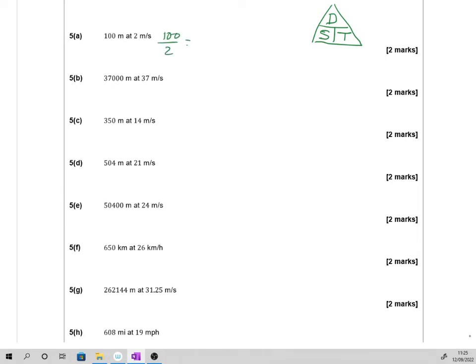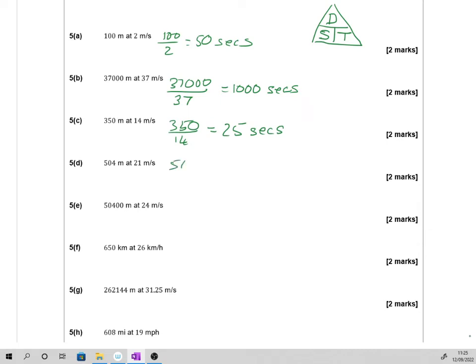So 100 divided by 2 is 50 seconds. 37000 divided by 37 is 1,000 seconds. 350 divided by 14, 25 seconds, and 504 divided by 21 is 24 seconds. 50400 divided by 24 is 2100 seconds.